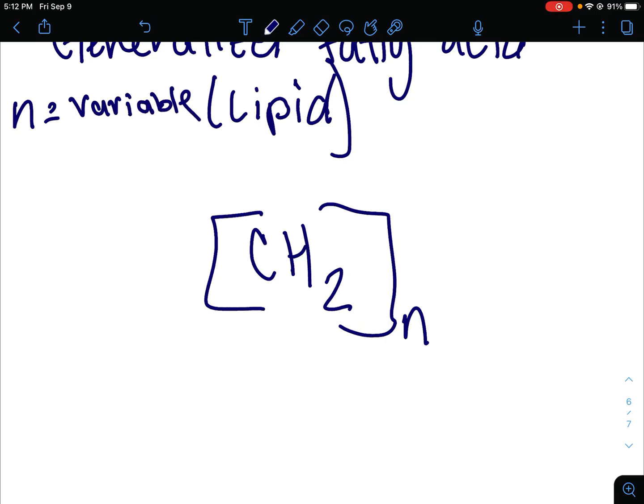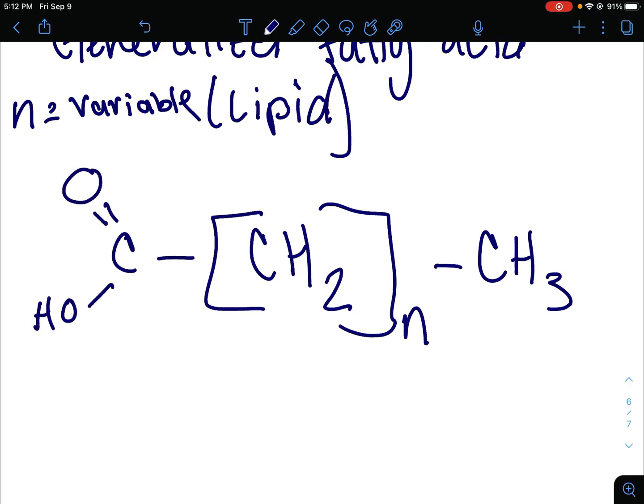Depending on the fatty acid that we're looking at, the lipid that we're looking at, it could have 2 copies of this CH2. It could have 100 CH2s bonded together. It really depends on what we're looking at. It then is going to have a CH3 at the end, just to make sure that it gets capped off, and then a carboxyl group on the other side.